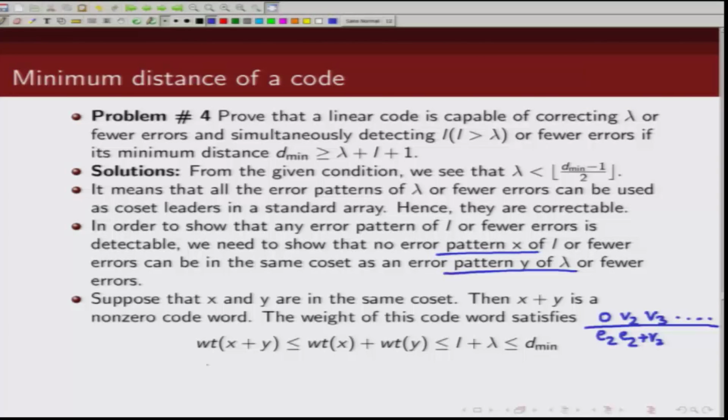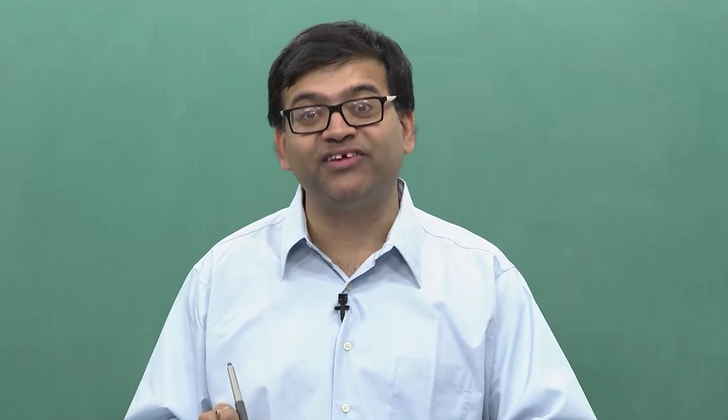So it is not possible to have x and y in the same coset, because if they were, x plus y would have been a valid code word and its weight should have been more than d min, but here it is coming out to be less than d min. Hence, our assumption that x and y are in the same coset is wrong.